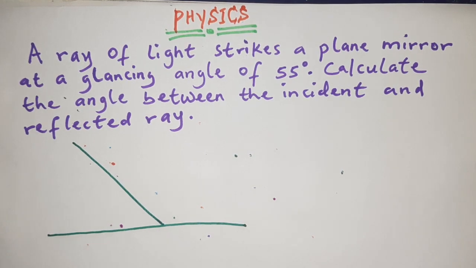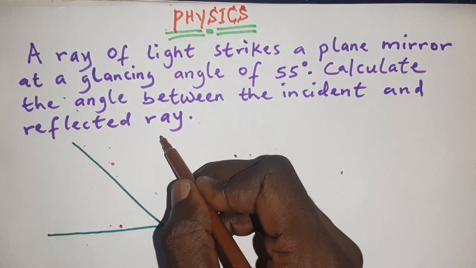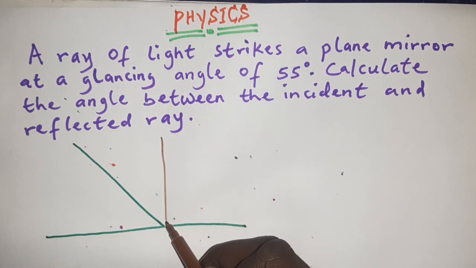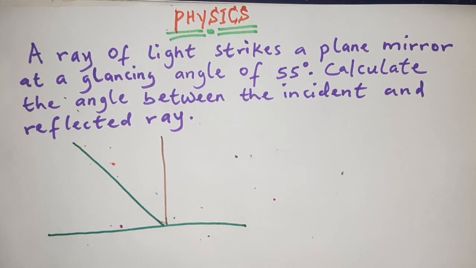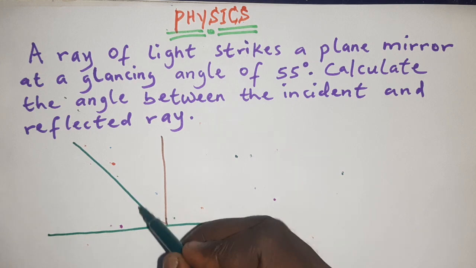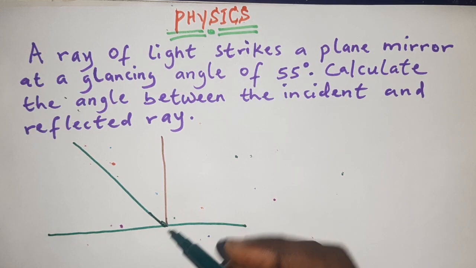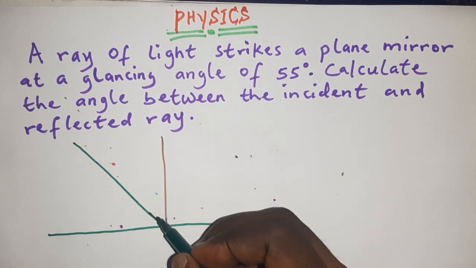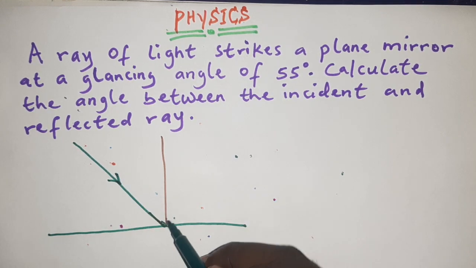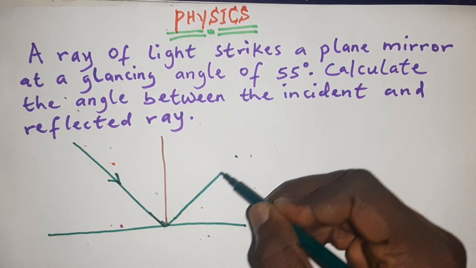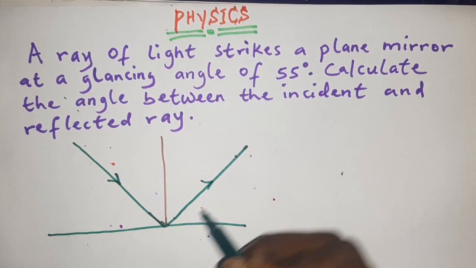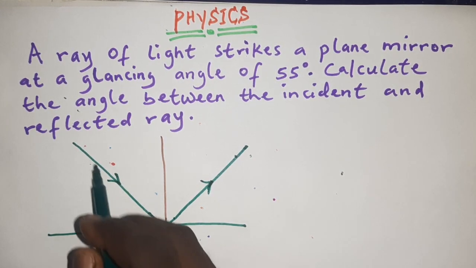Your normal will be drawn at the point of incidence. So this is my normal, and this is my incident ray. Then the ray will be reflected this way, starting from that point of incidence.